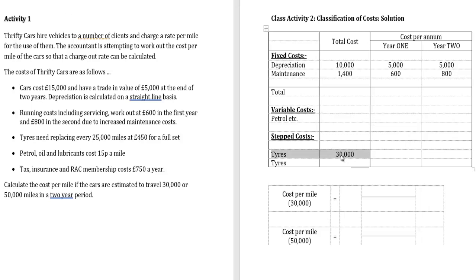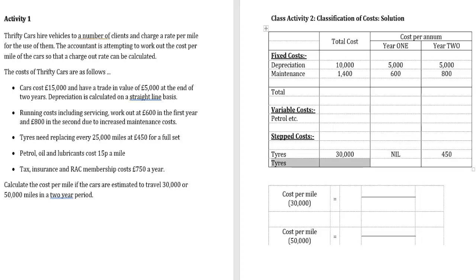For 30,000 miles, in that case, I will use 15 in the first year, so I will not need to change the tire because I change it in the level of 25. So in that case, it will be 0. But the second year, I will use another 15, so in total it will be 30. So I need to change the tire in 25. So in that case, I need to pay for the tires, which will be 450.